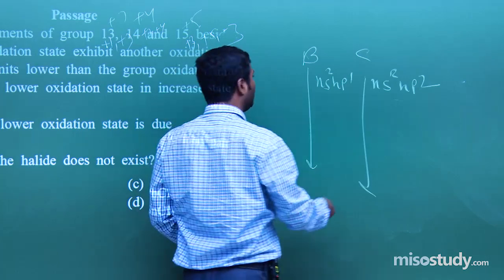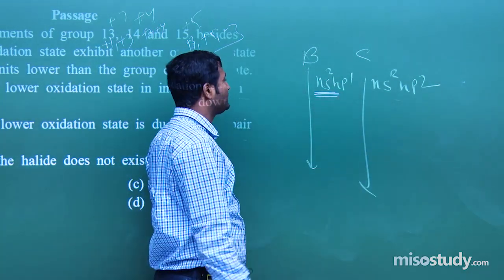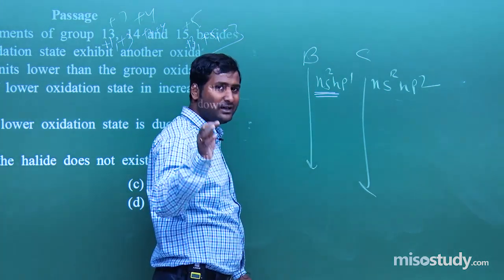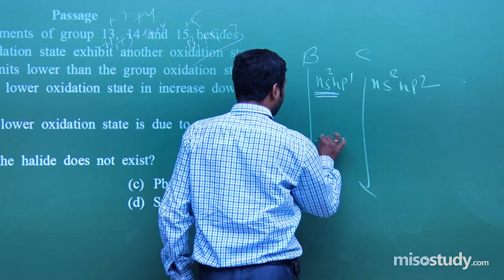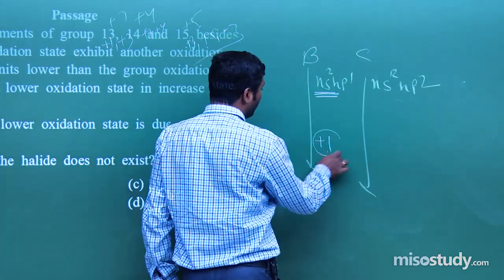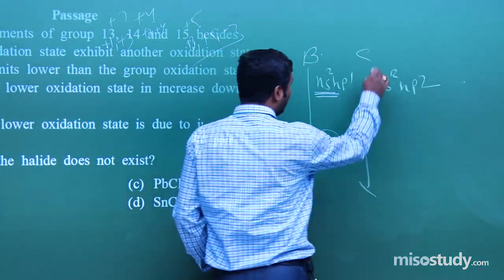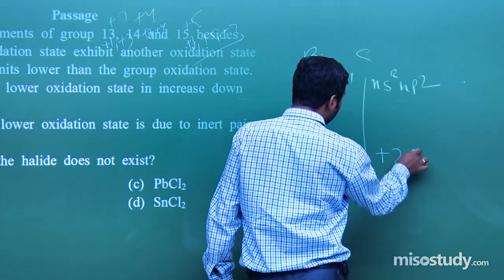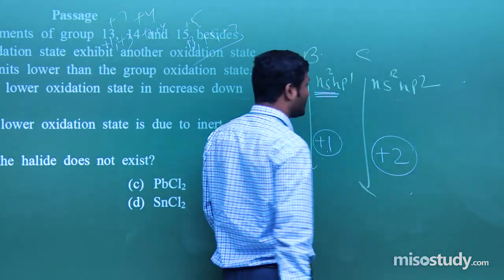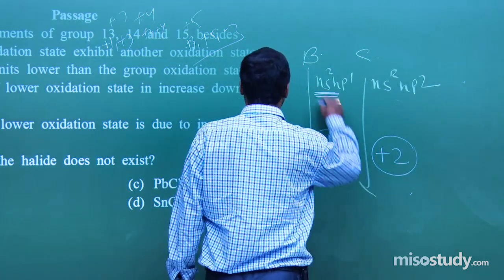But as we move down the group, the inertness of the s electrons to participate in bond formation increases. Due to this, only the p electron releases its electron. So down the group, +1 oxidation state is more stable in case of group 13, +2 oxidation state is more stable for group 14, and +3 oxidation state is more stable for group 15. Clear to you? So this effect is known as the inert pair effect.